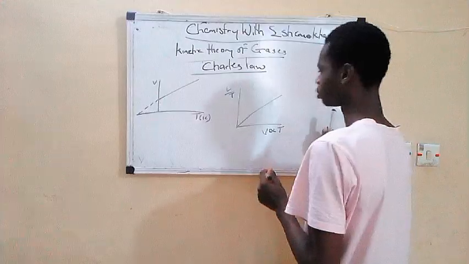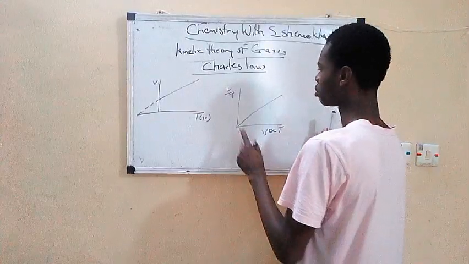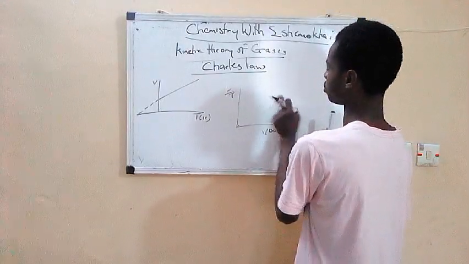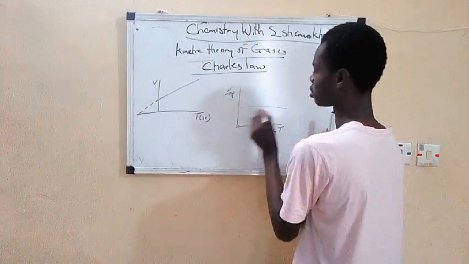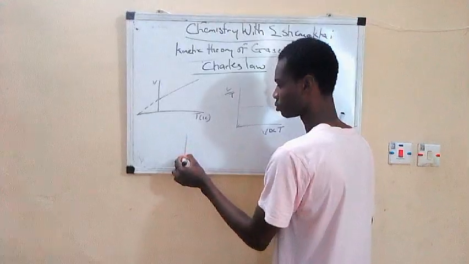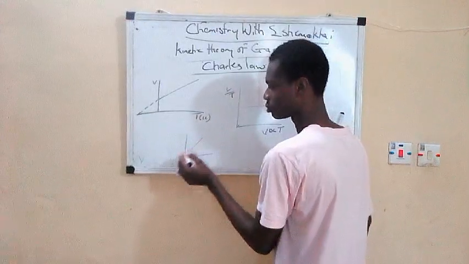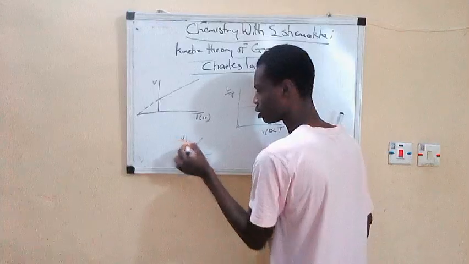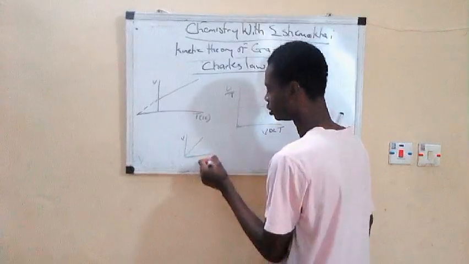Then the last one is this. We have V here, we have T here.